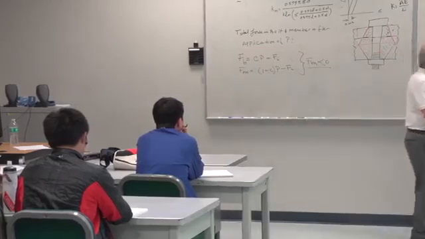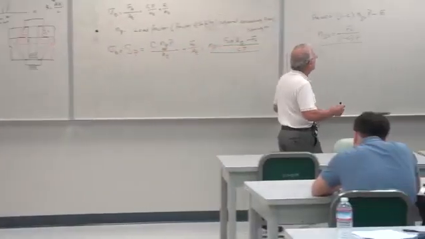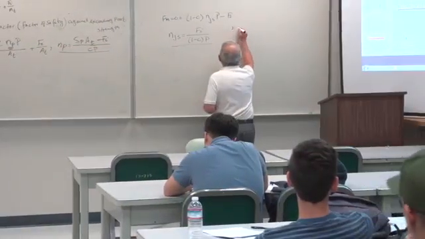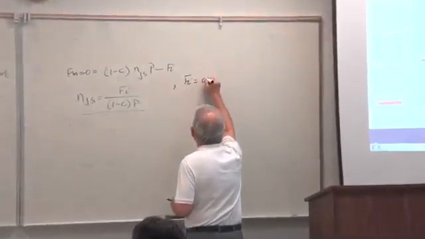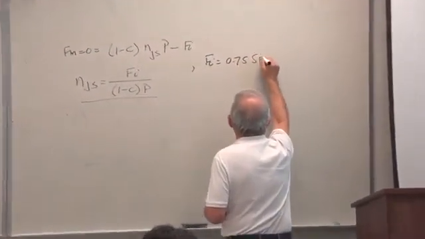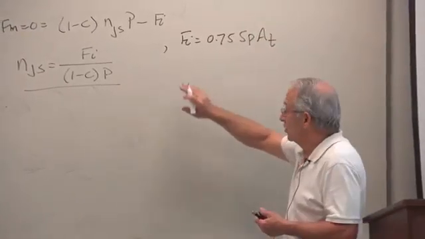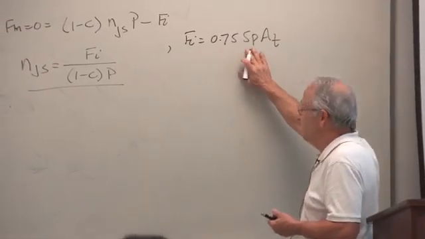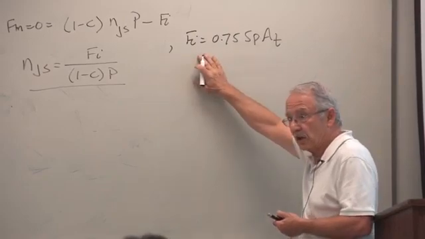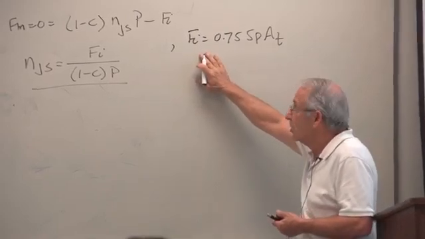So for reusable connections, proof load. So don't write Fi equals 0.75 SP. That's a stress, that's a load. They can't be equal.